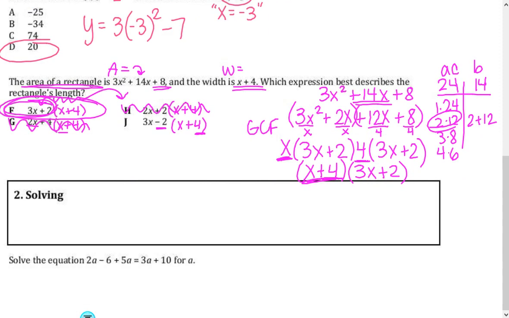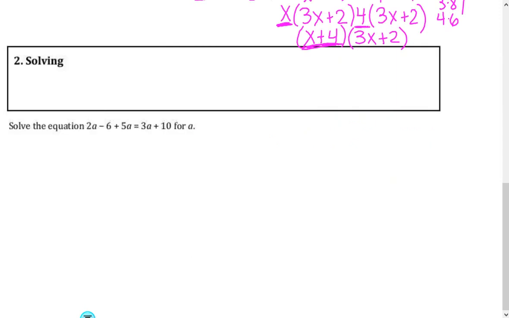All right, shimmying down for solving. Let's add a couple notes in here. All right, for solving, sometimes we might need to start by writing out an equation if it's a word problem. Second to that, we might need to distribute.